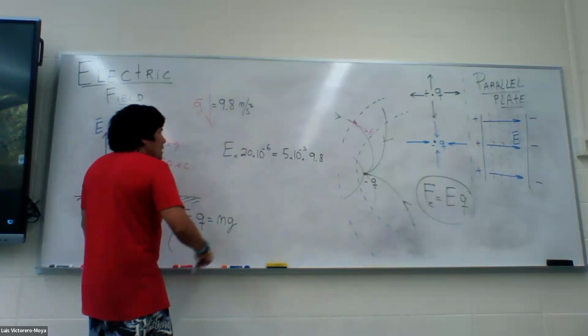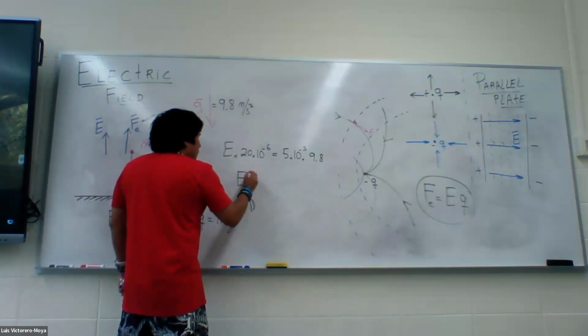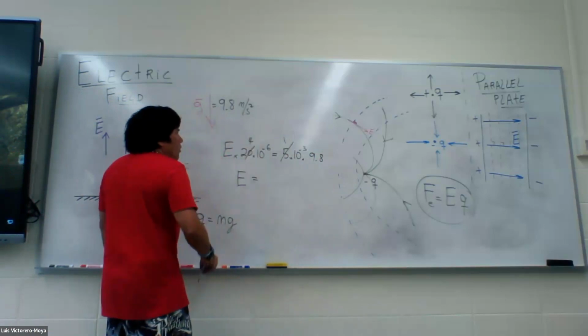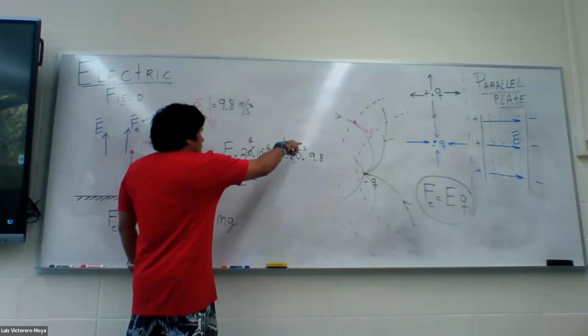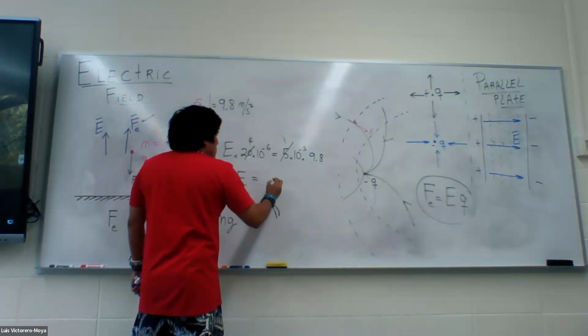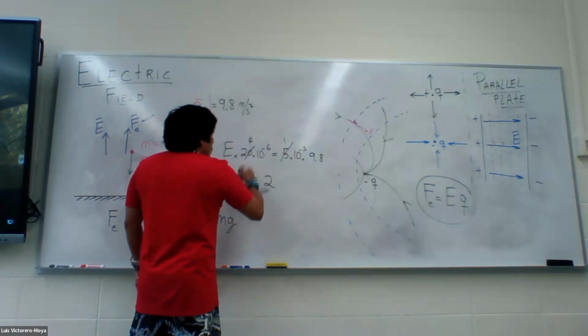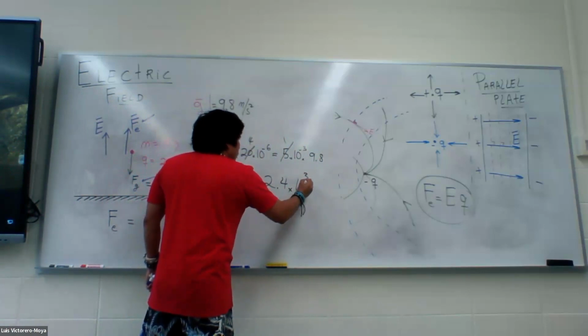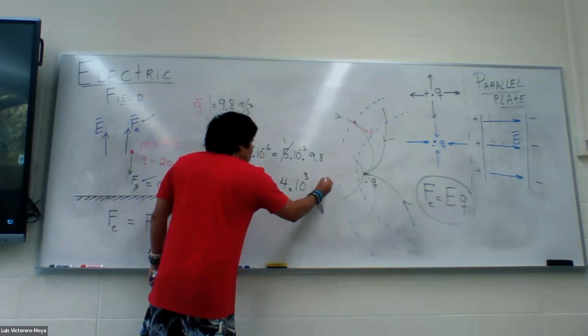And then E will be approximately 2.4 times 10 to the 3 newtons per coulomb.